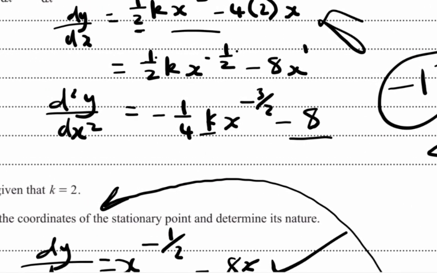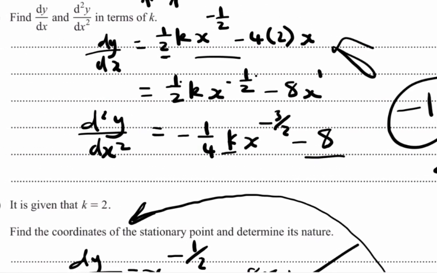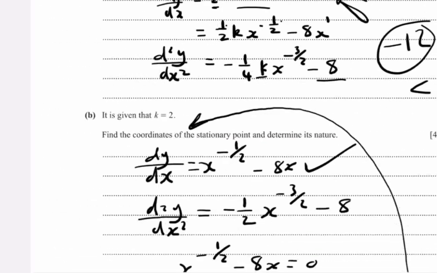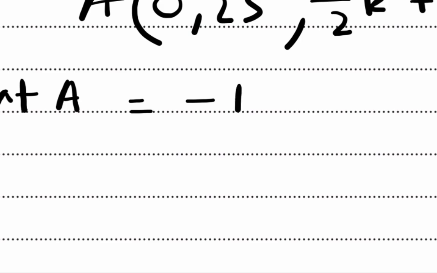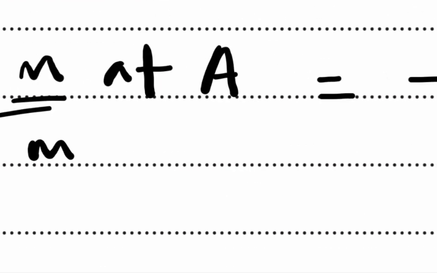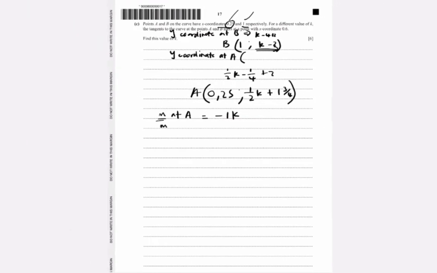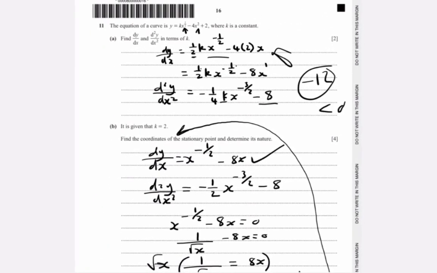So that's our half, or 0.25 to the power minus 1 over 2, then minus 8, 0.25, and that is giving me minus 1. So the gradient is minus 1, and m is minus 1k. Wait, it's half k.